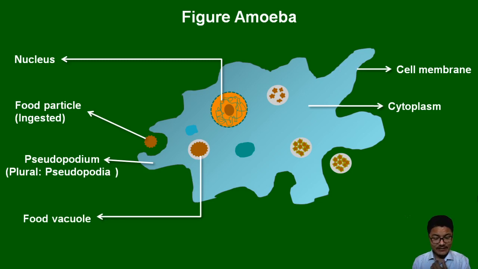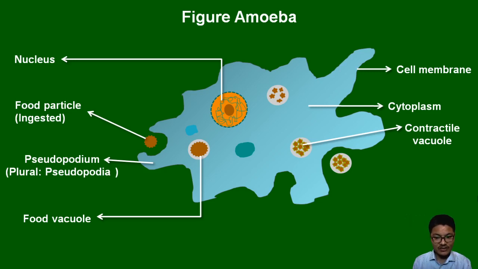Whenever food is ingested, engulfed inside the cell of amoeba, there is formation of a food vacuole. Whenever amoeba has waste or undigested food, it will be excreted out with the help of a special vacuole called the contractile vacuole.